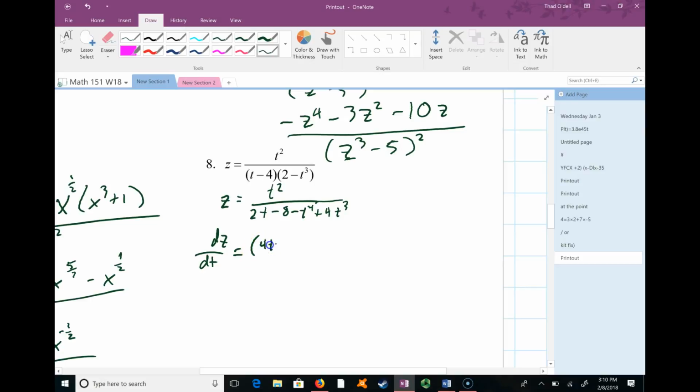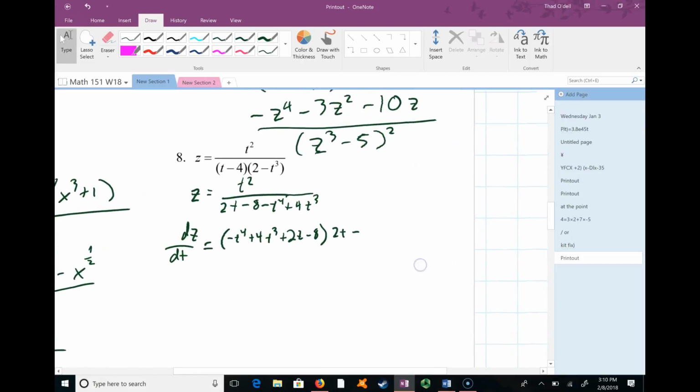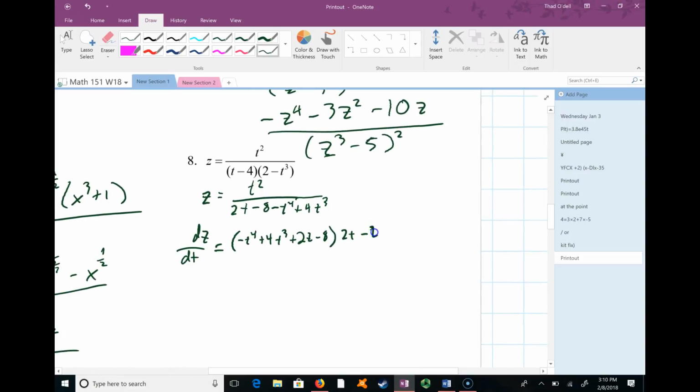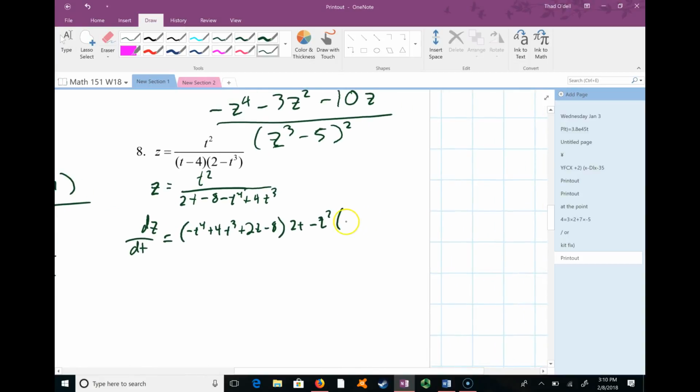I'm going to rearrange it so it's negative t to the 4th plus 4t cubed plus 2t minus 8, all times 2t, minus t squared times the derivative of that thing I just put up there, which would be negative 4t cubed plus 12t squared plus 2.